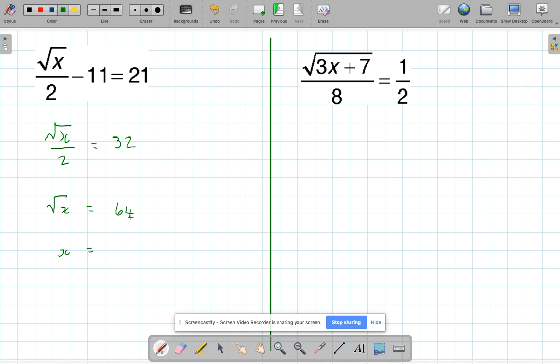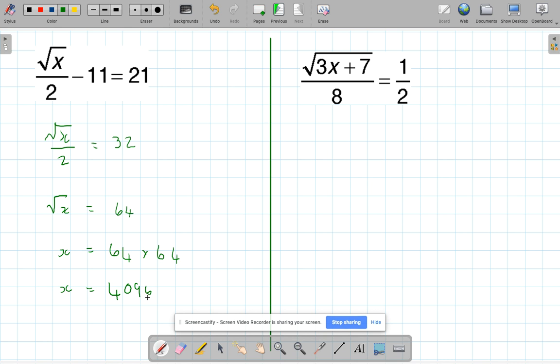And I square this side. So that's going to be 64 times by 64. And I'm just going to do that one on my calculator. You can double check this. It's 4096.